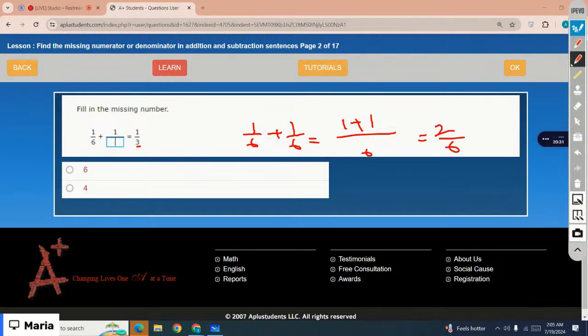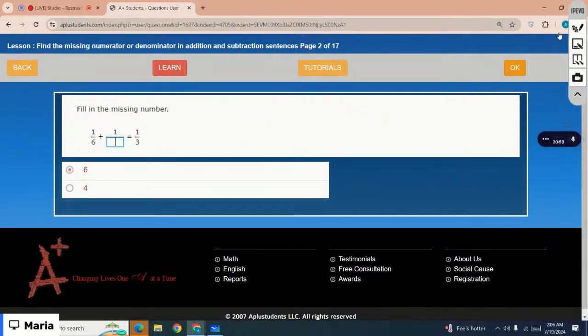And when you divide by the common number, that is 1 over 3. So yes, the missing denominator is 6. Got it? The correct option is 6.